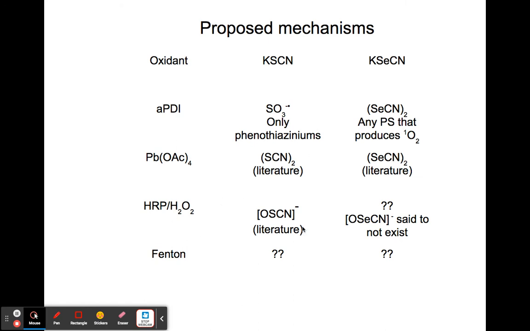Horseradish peroxidase, in the literature, is reported to produce hypothiocyanite, but hyposelenocyanite is said not to exist. So it's unclear what the mechanism is here. And with Fenton reagent, there's not really anything in the literature precisely to suggest what's going on.